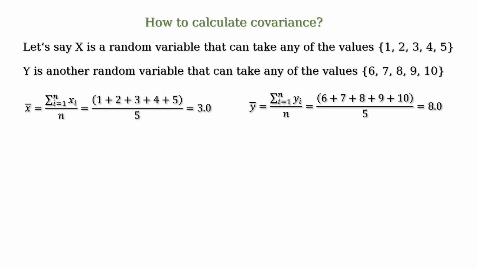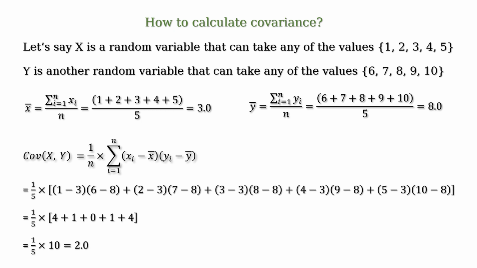Similarly, y bar is equal to summation from i equal to 1 to n yi by n, and that is 8.0 after calculation. So, the covariance of x and y is 1 by n into summation from i equal to 1 to n xi minus x bar into yi minus y bar, and that is 2.0 after calculation.